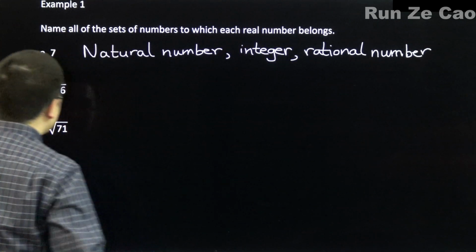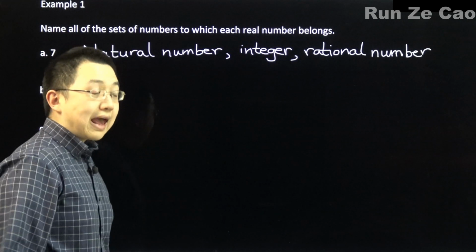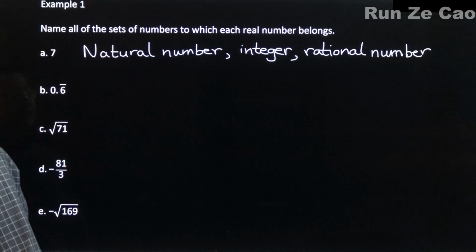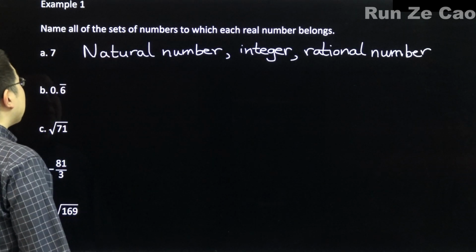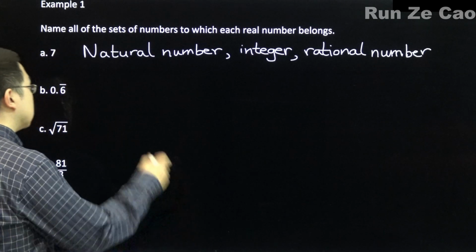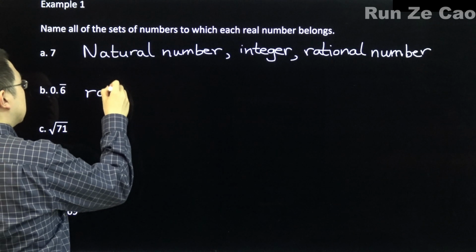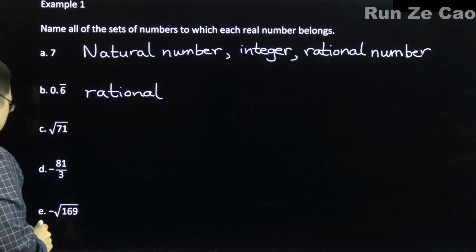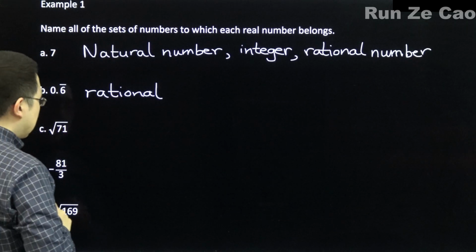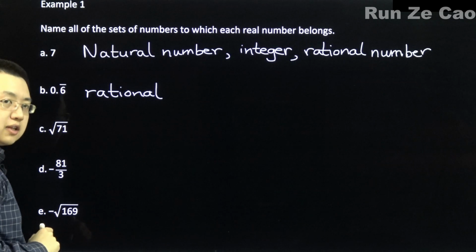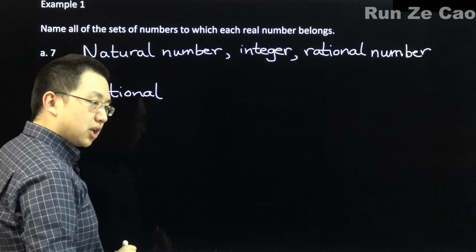Okay, 0.6 repeating, that is rational because, well, it's a decimal that repeats itself. In other words, it can be written as a fraction. Rational. Square root of 71 is irrational. It cannot be represented as a fraction.